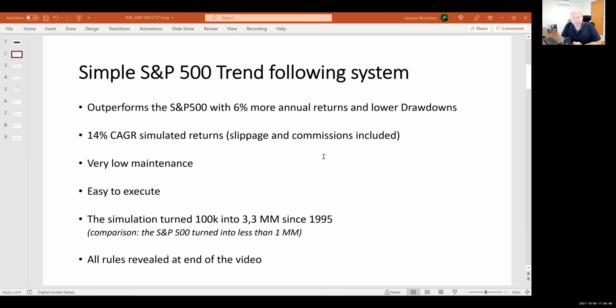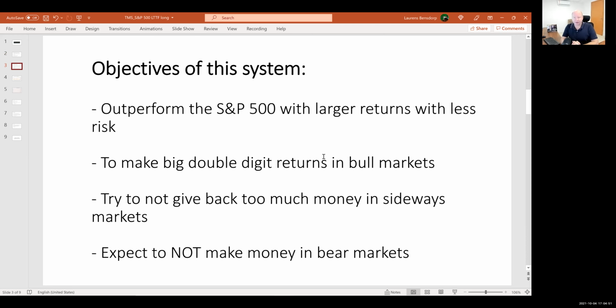As always, with every system, it is incredibly important that we have an objective for the system. Objectives is probably the key thing for every kind of trading system. You need to know what you want to achieve. And in this system, it's clearly to outperform the S&P 500 with larger returns, but less risk.